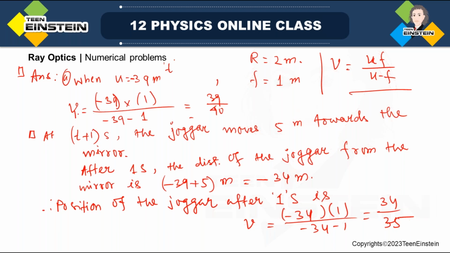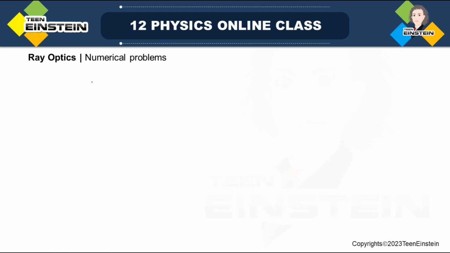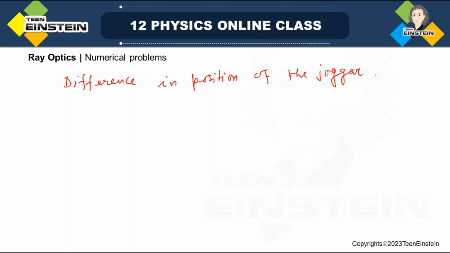Let us say this is V1 and this is V2. So V1 was before. Just in 1 second it has moved. If I take the difference in the position of the jogger in 1 second, that is nothing but a kind of average speed.